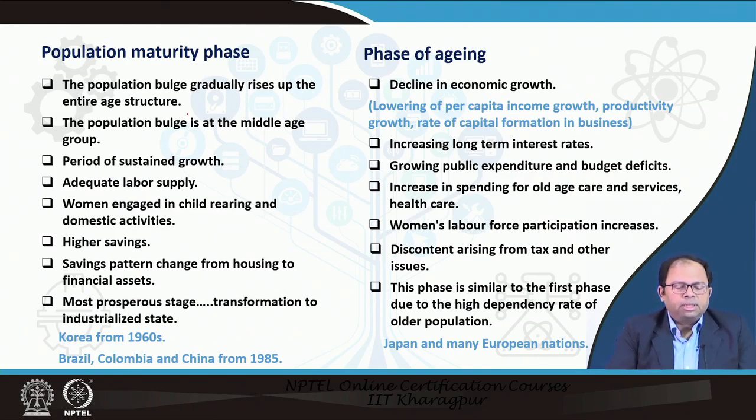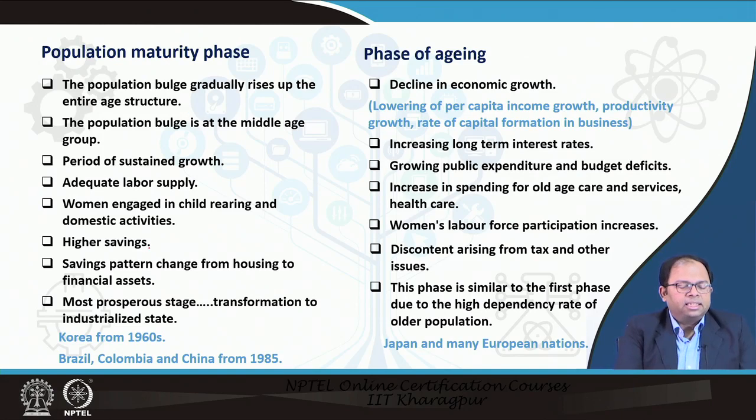There is adequate labor supply. Because people are earning good wages, women can go back to child rearing and domestic activities. Some amount of reduction in the number of women working in offices or in different sectors.